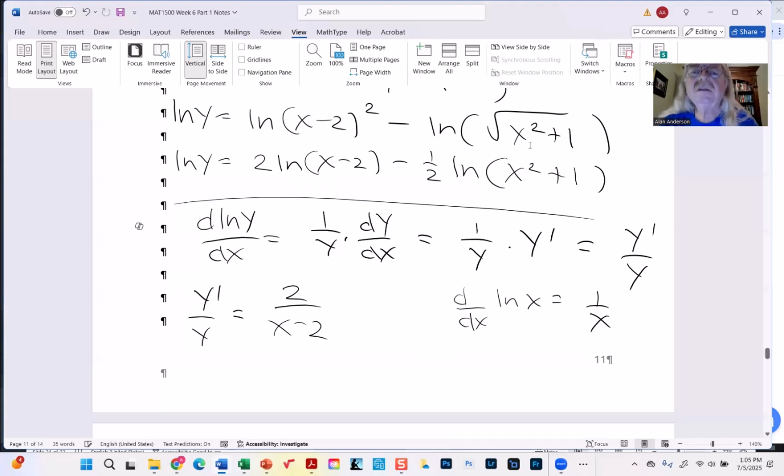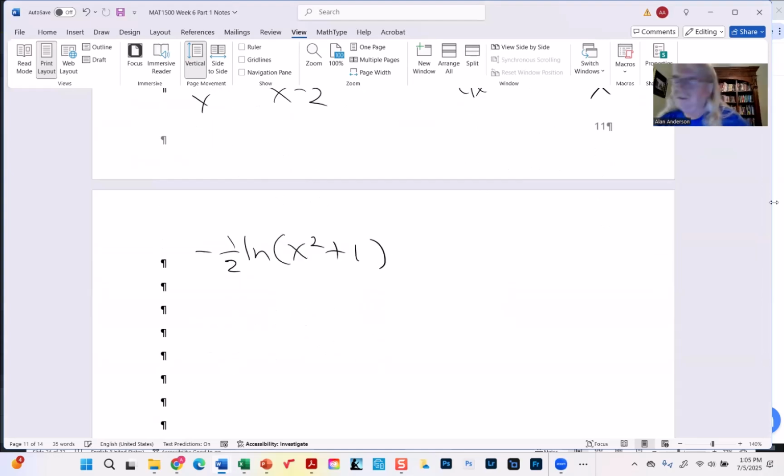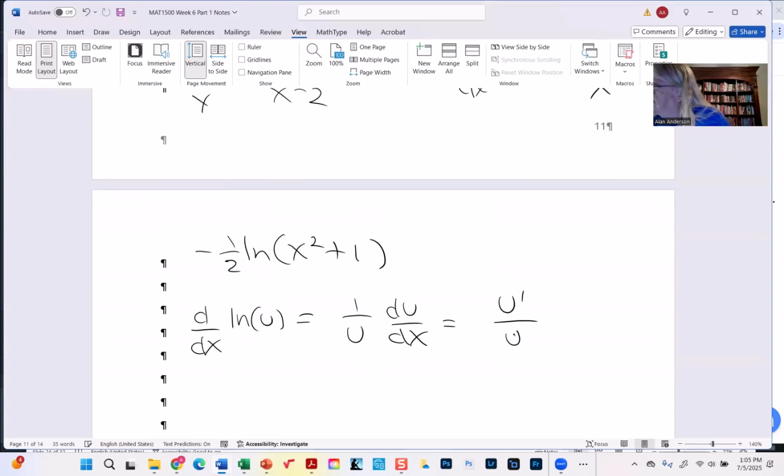Now, the second term over here, minus 1/2 log (x squared plus 1), is going to be a little trickier because we're going to need u substitution. Let's take a look at this real fast. So what's happening here is this. If u is x squared plus 1, then du/dx is 2x.